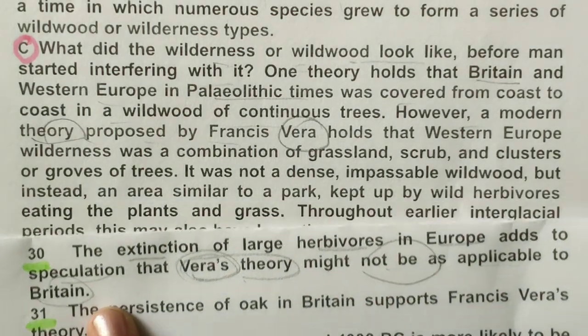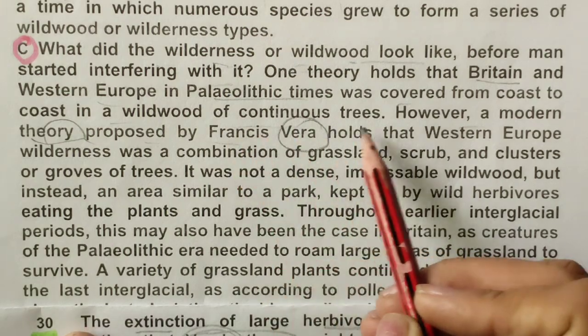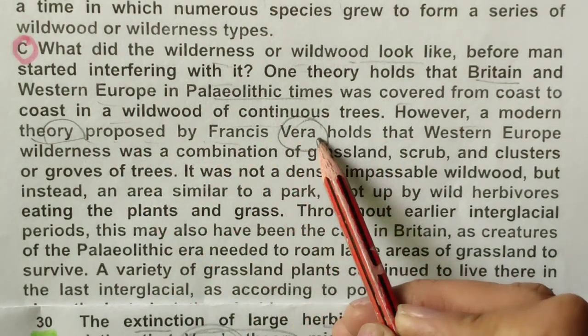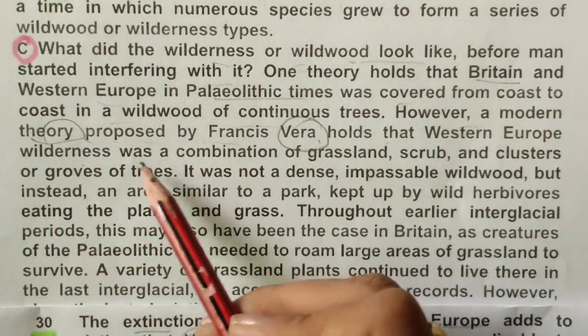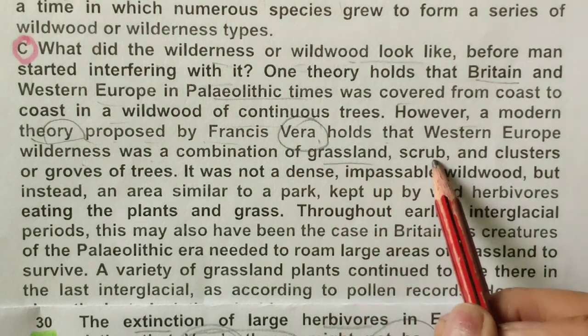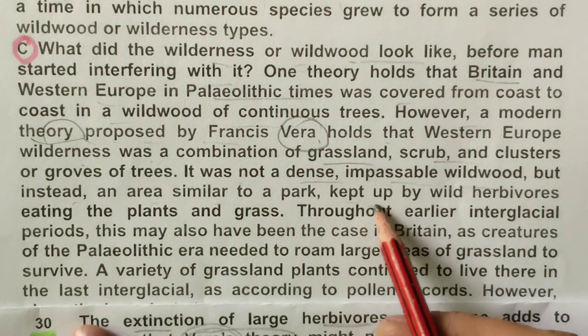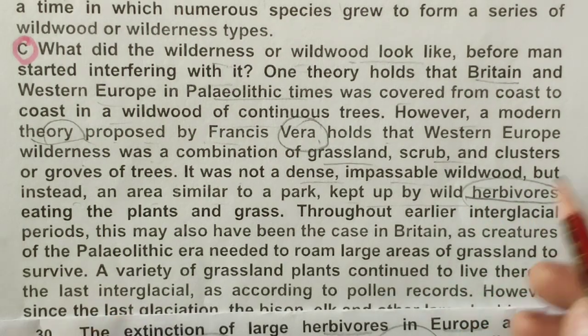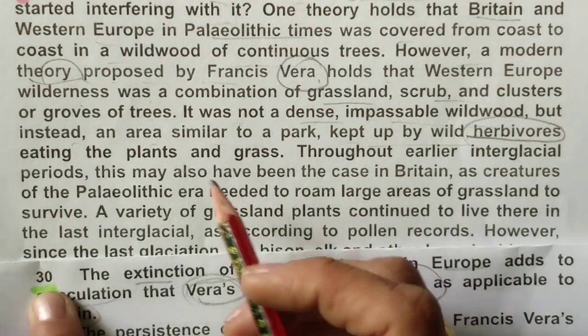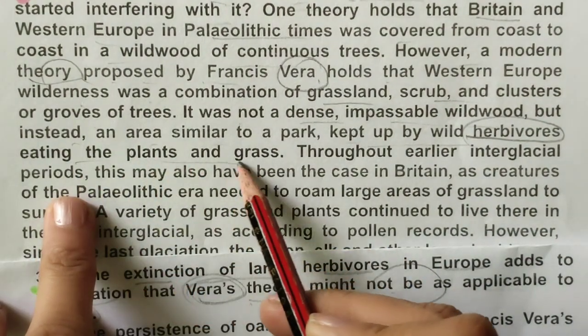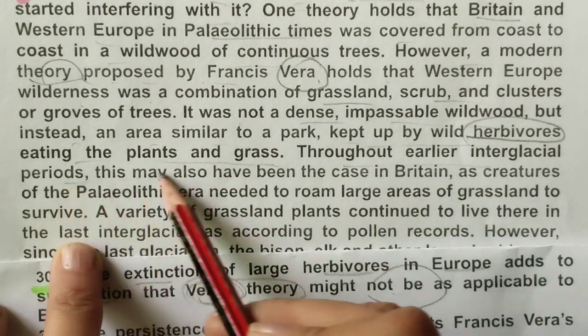Okay. However, a modern theory proposed by this holds that Western Europe wilderness was a combination of grassland, scrub and cluster growth. It was not a dense wildwood, but instead kept by wild herbivores eating the plants and grass throughout the earlier period.